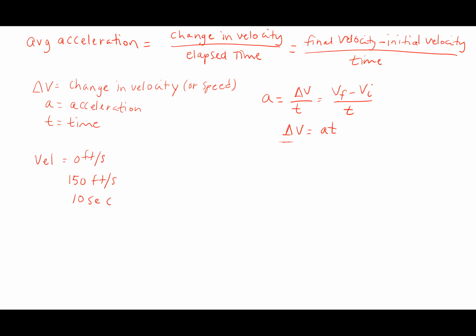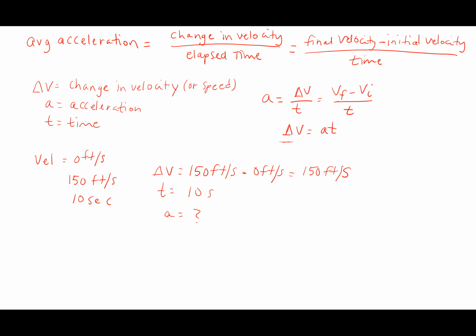And what that means is the change in velocity would equal 150 feet per second, because that's your final velocity, minus our initial velocity, which is 0 feet per second. It's going to give us 150 feet per second. Again, our time equals 10 seconds. So what it's asking for is our acceleration.